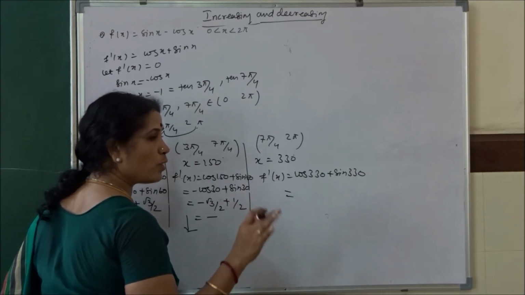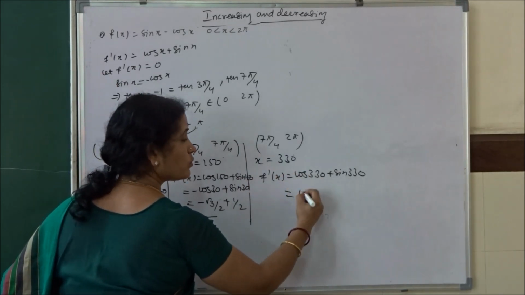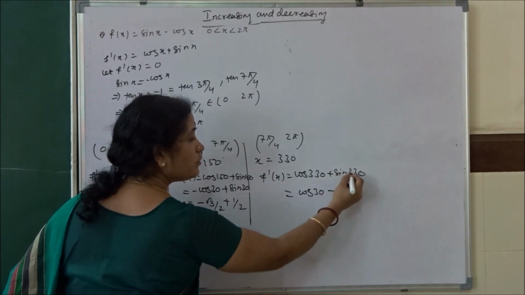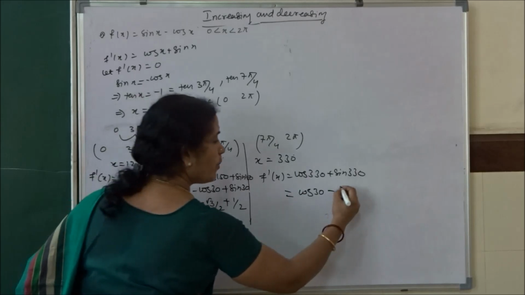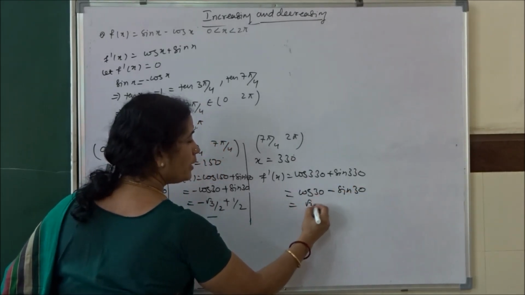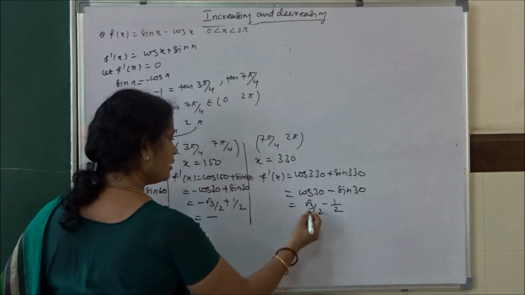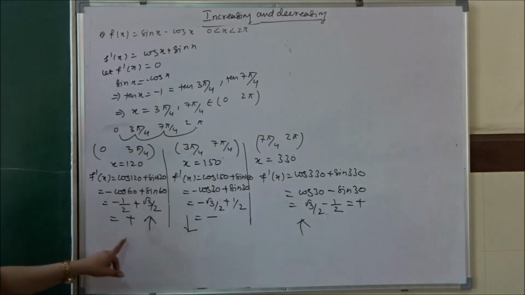Fourth quadrant, where cos is positive, so we get cos 30. Now sin of 360 minus 30, in the fourth quadrant sin is negative, so minus sin 30. Cos 30 is root 3 by 2, and sin 30 is 1 by 2, so minus 1 by 2. Again we are getting a positive value, so it is increasing. Are you clear how to do this trigonometric ratio?